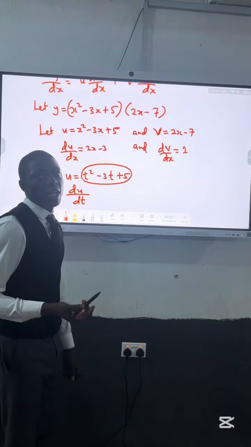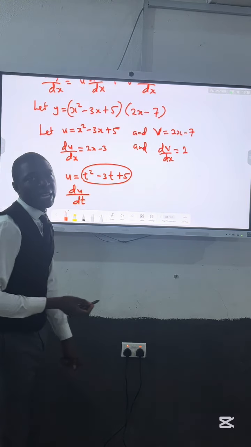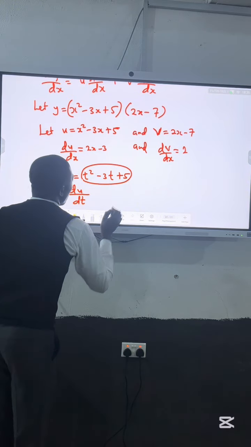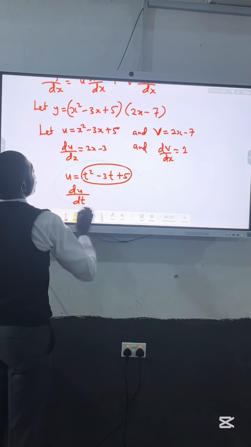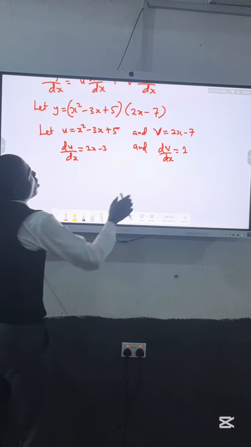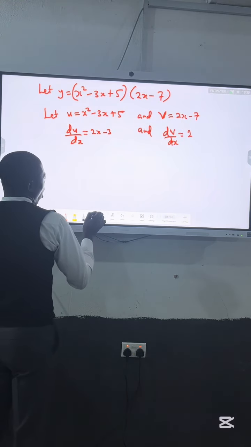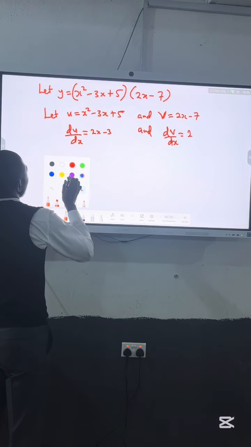Is that clear? That's why. And then the other formula will also be adjusted. But for now, for this question, it is y and x. So we have it this way. Now, recall the formula and plug all of these things inside the formula and see how it goes.